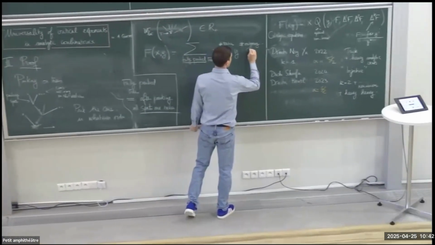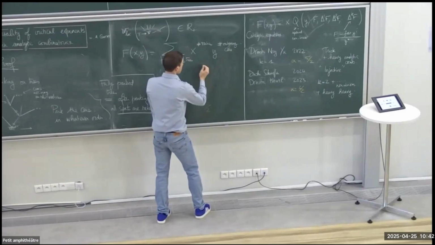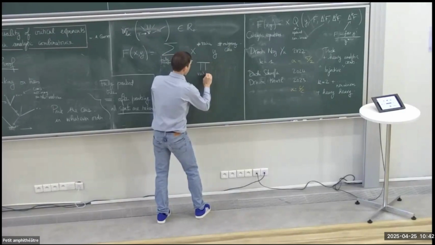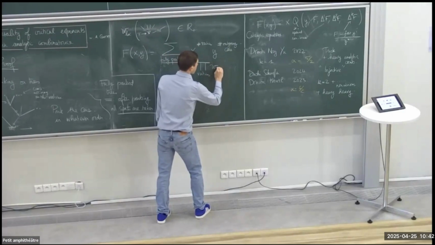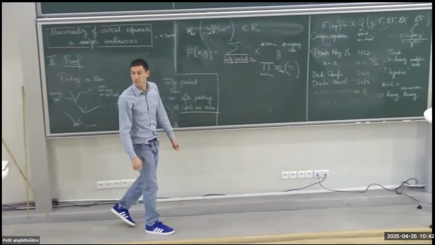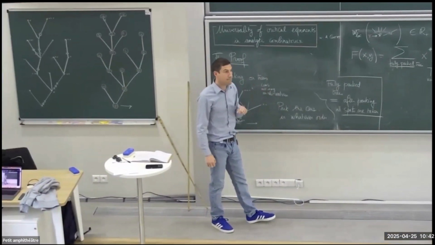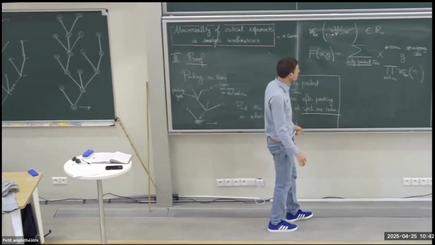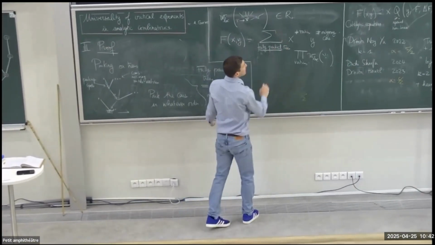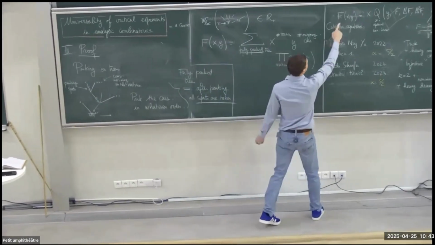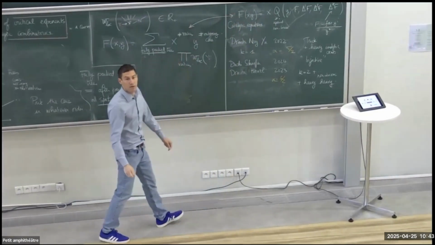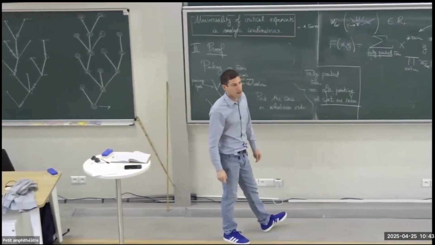And then I will take the product over all vertices of the weight of the local configuration around the vertex. So that's my f of x, y. And I claim that any equation of that form can be interpreted as such a generating function.